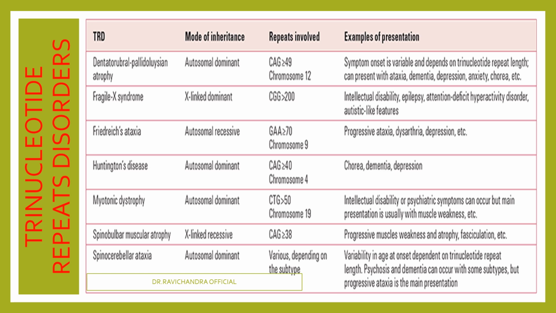Examples for the trinucleotide repeat disorders are Fragile X syndrome, Friedreich's ataxia, Huntington's disease, myotonic dystrophy, spinobulbar muscular atrophy, spinocerebellar ataxia. There will be repeats of the trinucleotides CAG, CGG, GAA, or CTG.